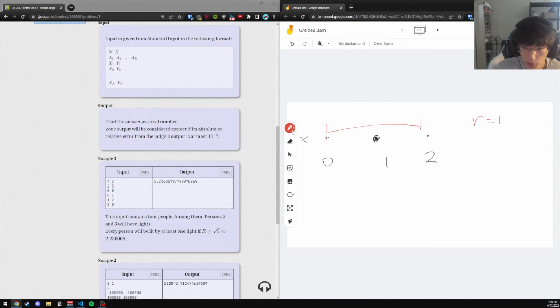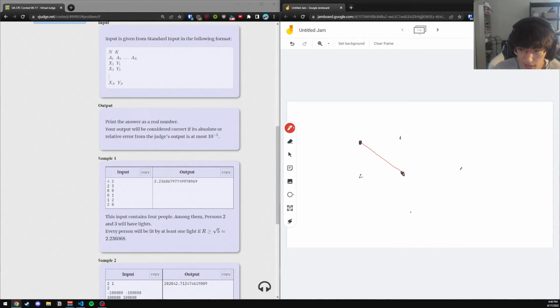You can start on a smaller scale. If it's a distance of 1, it can be radius of 1. What if there's someone here, and there's only one person here? Well, then this is also going to be the minimum radius necessary.